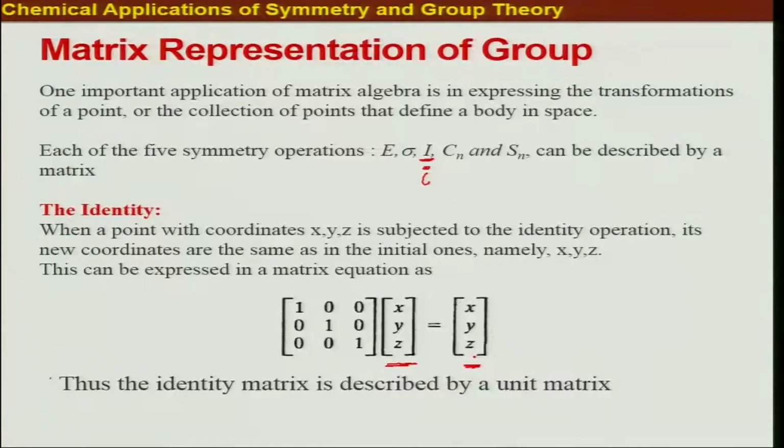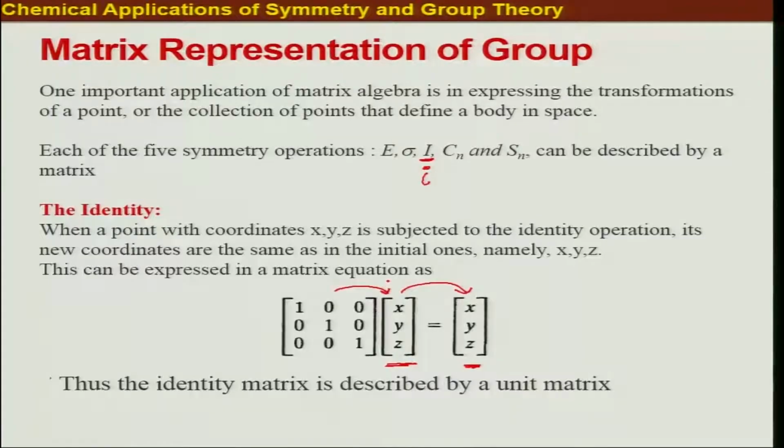So I need to find a matrix which will help me going over to here. Essentially no change has happened. So I should have a matrix which is capable of multiplication with this column matrix or column vector. I should have the same property which we discussed in the previous class, right?